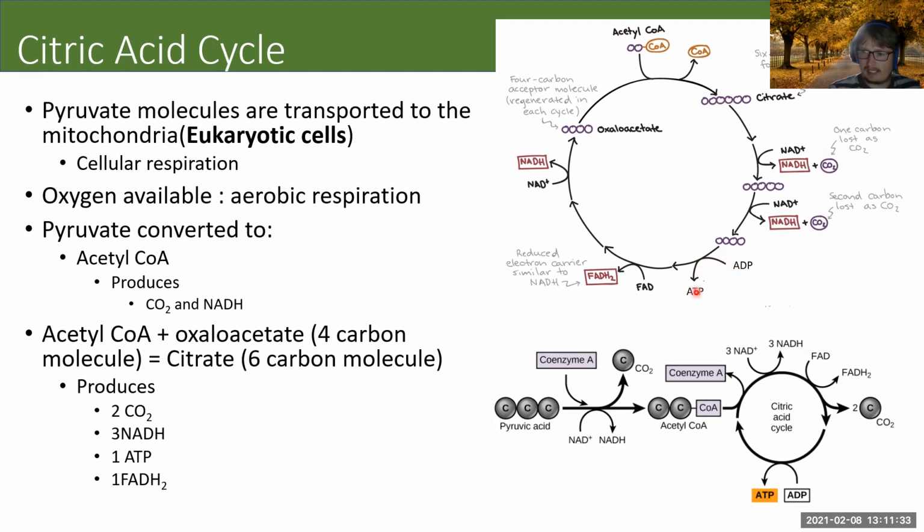It will make an ATP molecule. It will make an FADH molecule from FAD, and it will make another NADH molecule. So in total, your acetyl-CoA plus the 4 carbon molecule, that oxaloacetate, produces citrate, which is the 6 carbon molecule here.